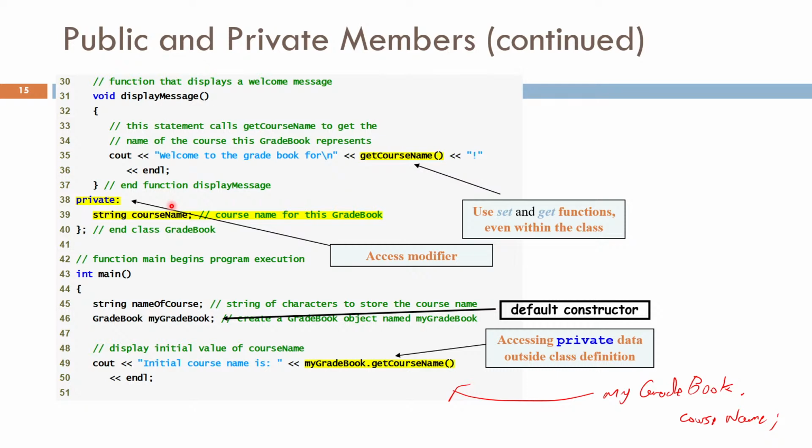It's similar to if, instead of using getCourseName here, we just put course name to output here as well. But some compilers will complain that you're not supposed to do this because of how the compilers are set up. So the safer way to go about this is using the set function and the get function. Some compilers just won't complain and be like, okay, it's part of the class, so you can access it within the class.